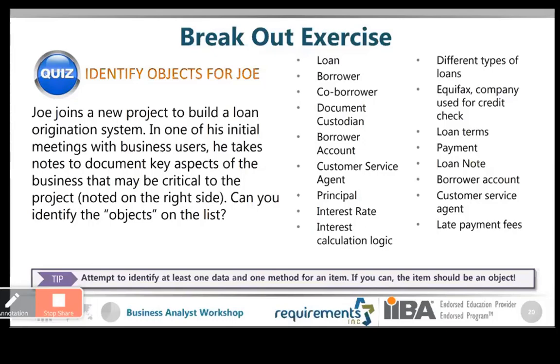All right, different types of loans. Don't be confused. I can see why you can be confused there based on how it's termed. Different types of loans: loan is an object, but it's not saying car loan or home loan and whatnot.